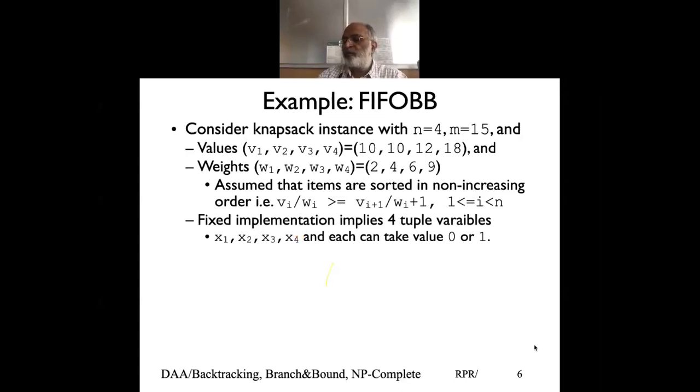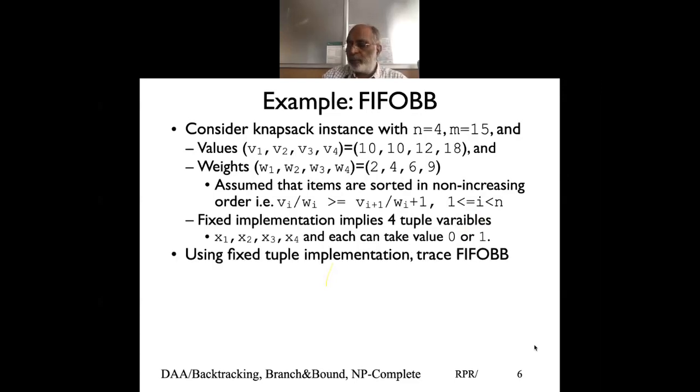We will do a fixed-size implementation. That means for each item we define a variable: x1 for item 1, x2 for item 2, x3 for item 3, and x4 for item 4. The value can be either 0 or 1: 0 meaning we don't include the item, 1 meaning we include the item. And that is what we'll use to build our FIFO approach.